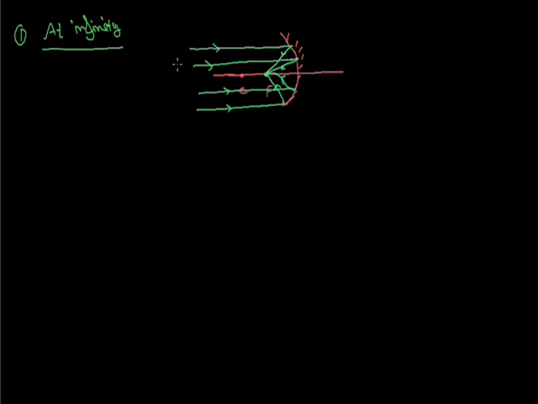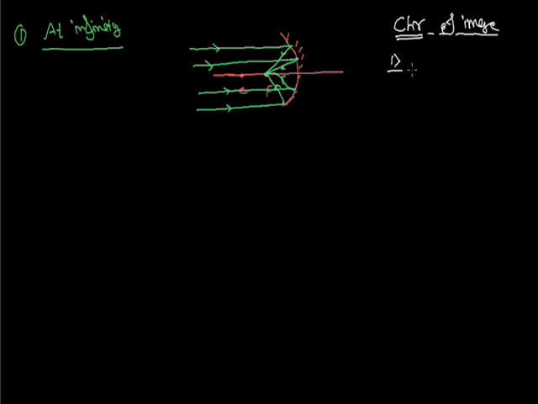Now after making this type of ray diagram, we have to specify the characteristics of the image which has been developed. In the characteristics of the image we should follow these basic rules. Firstly, we have to specify where the image is formed.